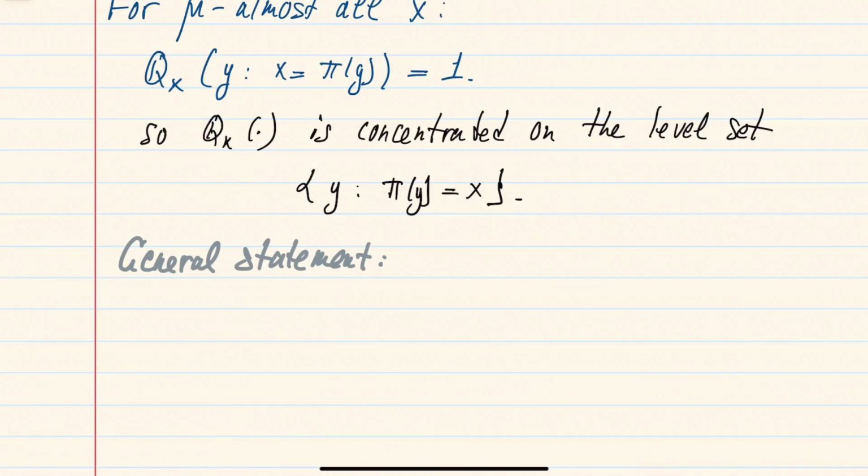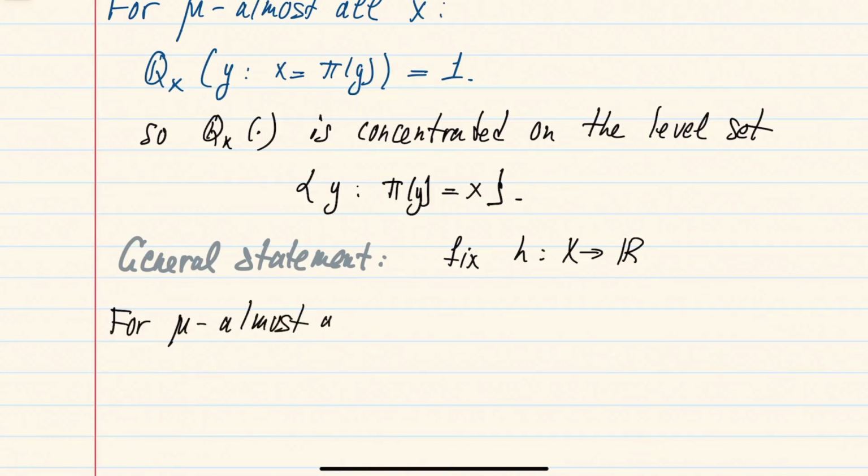So if the space is not nice and you cannot consider the indicator above, instead you have to consider some test functions. So for example, if you fix some measurable function h on this coordinate x, then one can show that for almost all x, or for mu almost all x, the measure q for this fixed x will be concentrated on y, where not x is equal to pi of y, but you have to pass through this test function.